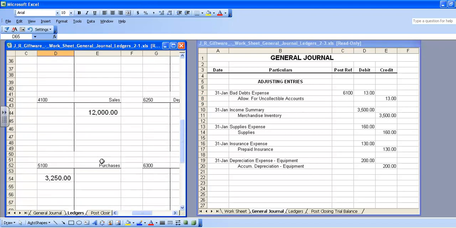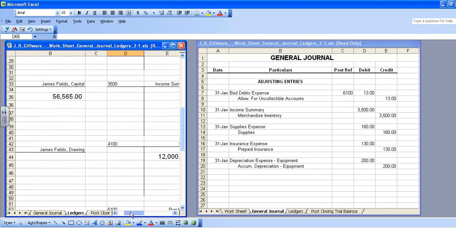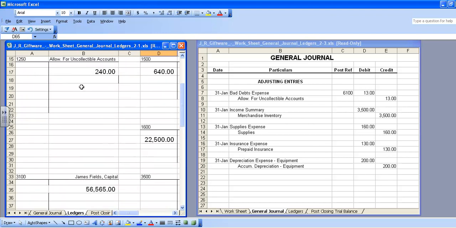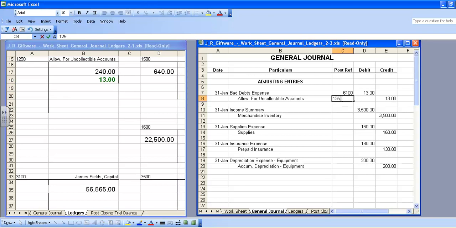The next one that I'm looking for is allowance for uncollectible accounts. The amount is in the credit column, so I'm going to put $13 in the credit column. And then the last step is to put the account number in the post reference column.